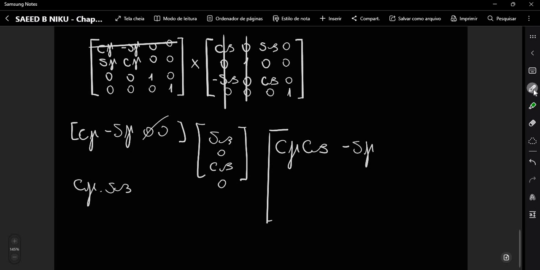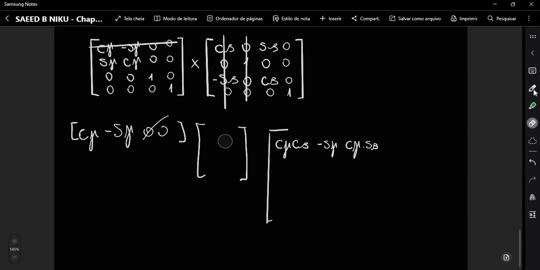And right here 0, 0, 0. So it's just cosine of gamma times sine of beta. And right here is 0.